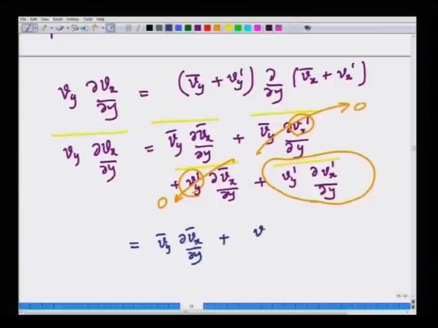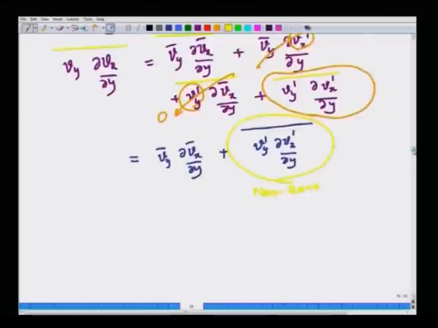It appears like these are also fluctuations, but remember carefully that this is a product of 2 fluctuations. So this term in general is not 0, because it is not just a quantity that is linear in the fluctuations, it is actually an average of a product of 2 fluctuations.